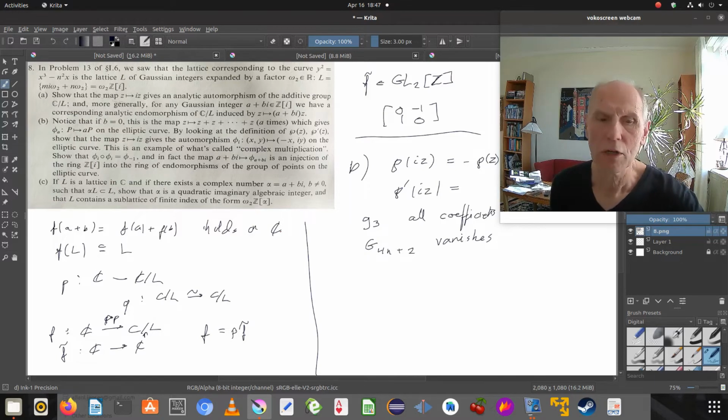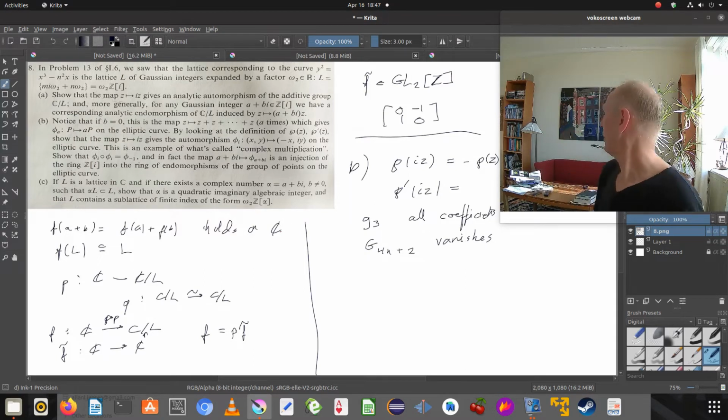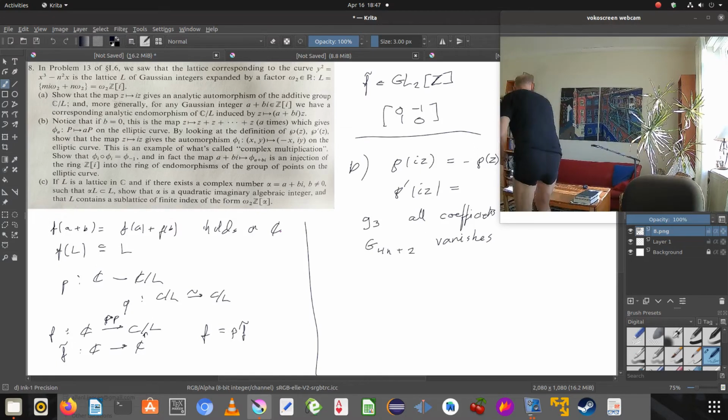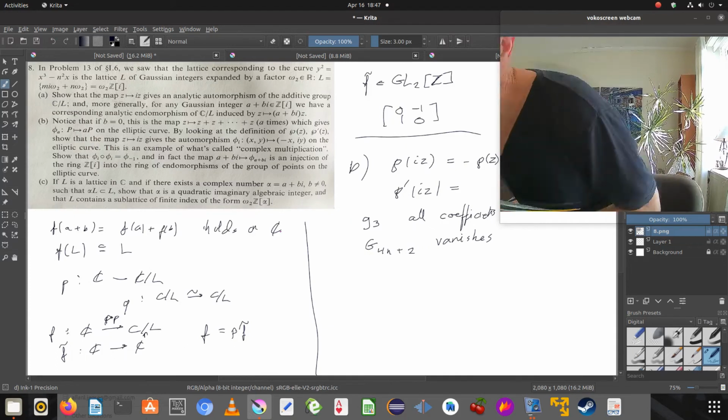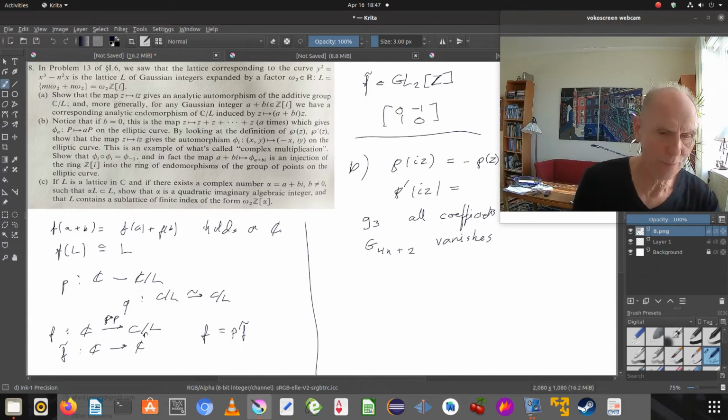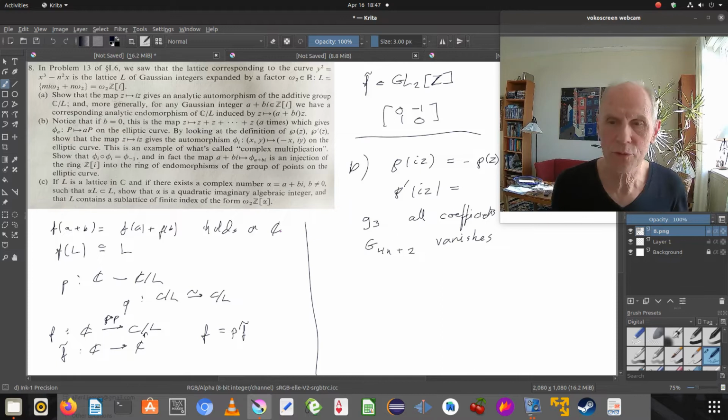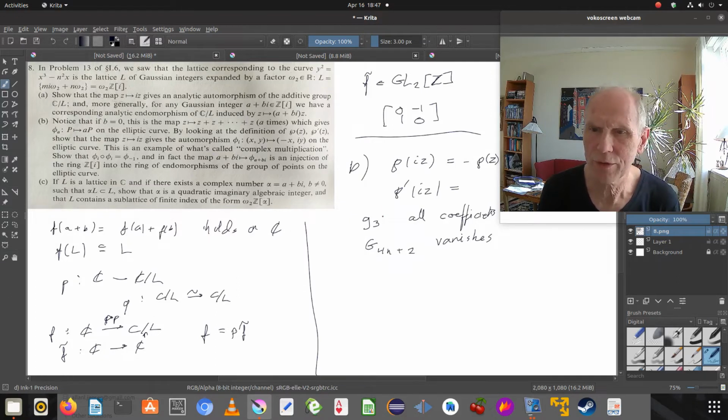So, to do that, we have to... I've mislaid the book. We have to look at this series expansion on page 23. So I'll try to do this by induction. We already have that G3 vanishes.